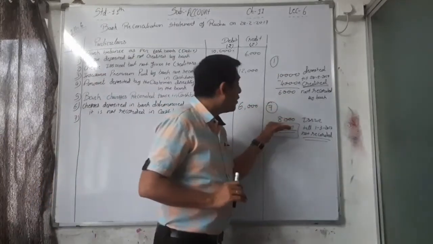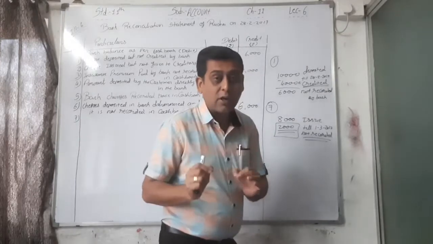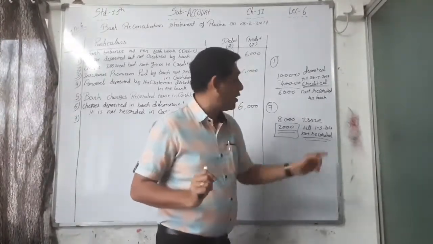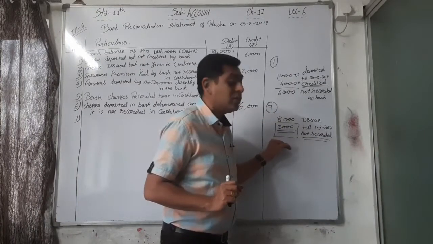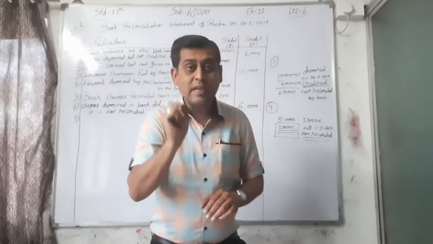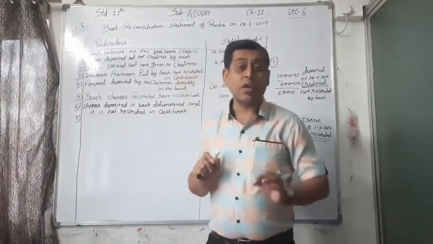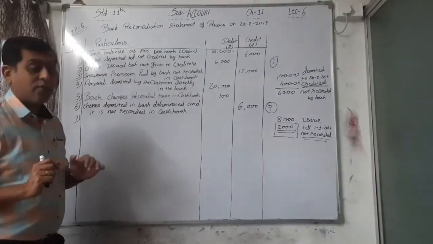But here 2,000 is directly given, that 2,000 is not presented in the bank till 1st March. So don't write down 8,000 minus 2,000, 6,000. There you are wrong. So please be careful while reading the question. What is the question? You have to see very carefully.